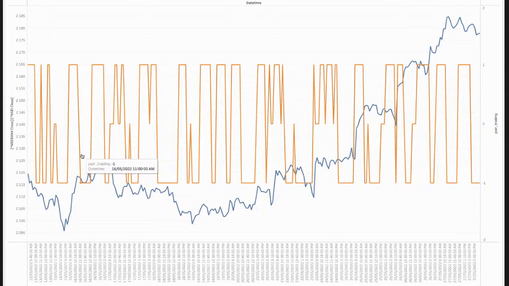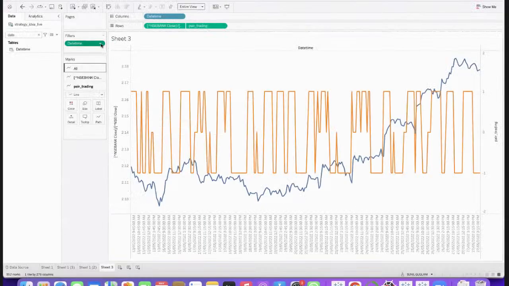Okay, so currently the signal which you are seeing on 16th May at 11 a.m. is -1. It is -1. So basically that is a short position on the ratio of Bank Nifty and Nifty. Got it. We can see maybe a little smaller time period to understand it better.